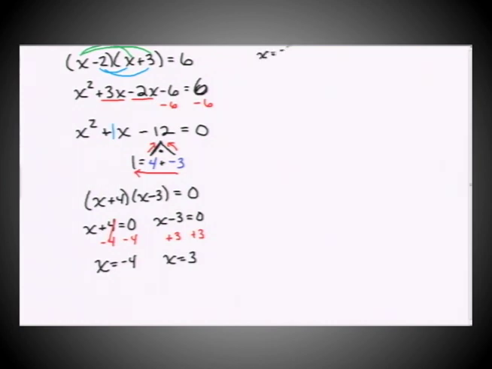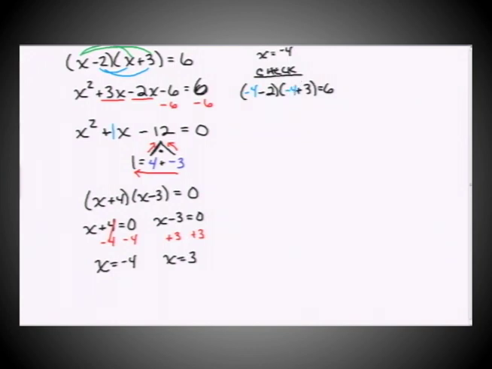So we'll start by checking x is negative 4. And don't forget, when you go to check your equation, you want to plug into the original equation. So we have (x minus 2) times (x plus 3) equaling 6, and we are trying our potential solution of negative 4.